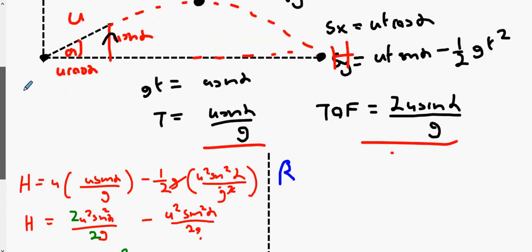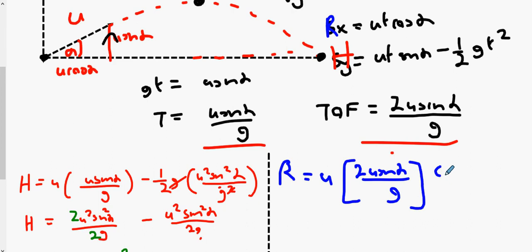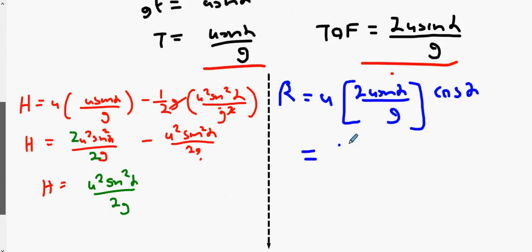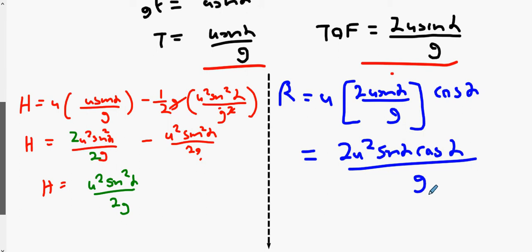So range is this one here, and it's going to equal u times t, the time of flight that is, times cos alpha, which gives 2u squared sine alpha cos alpha over g. Alright guys, what you're told is 7 times the height equals how much of the range?